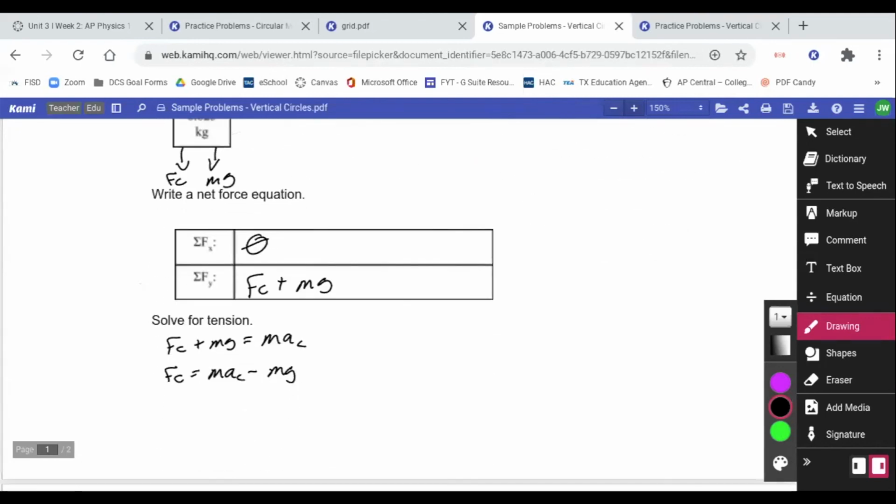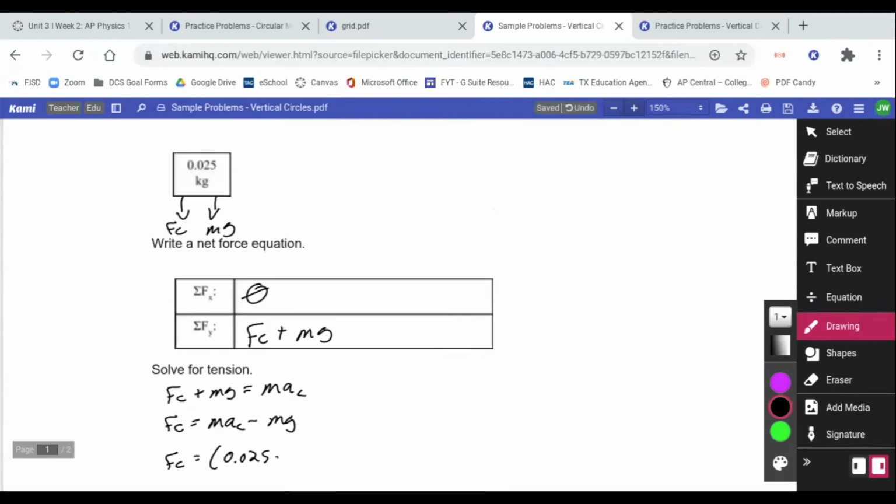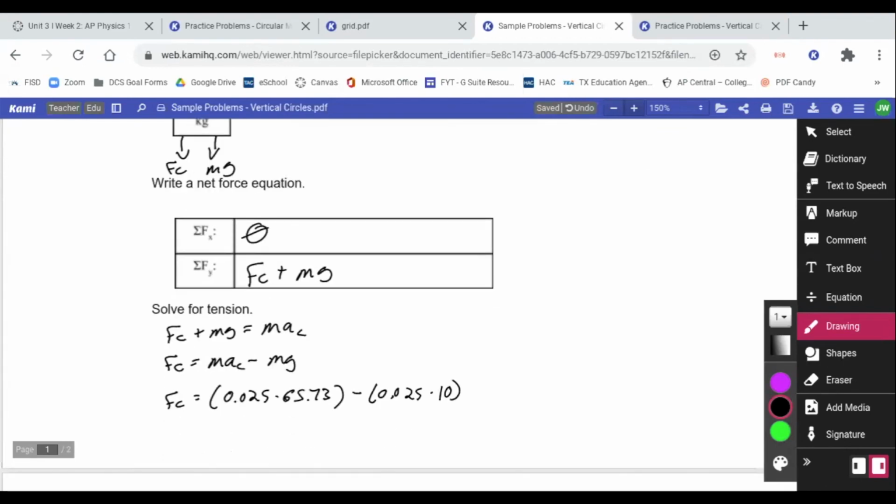And we can say that FC is equal to the mass 0.025 times 65.73, minus the mass again, 0.025 times gravity. If I got that wrong, correct me. I'm going off of memory half the time. Now the centripetal force is going to be equal to 0.025 times 65.73.